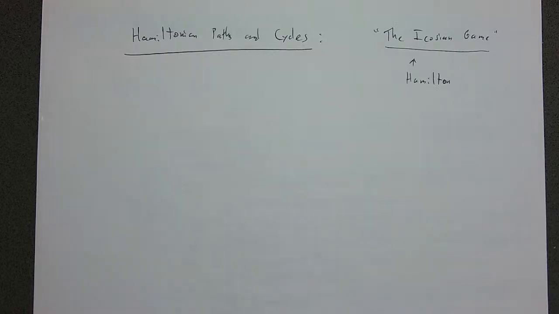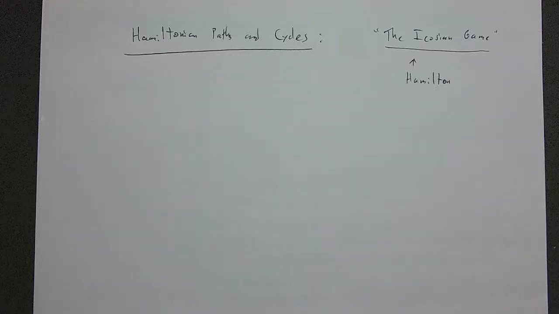William Rowan Hamilton was very famous for a number of things. You might have heard of the quaternions, Hamiltonians coming from physics. There are too many things I could mention that Hamilton did, but among them was this graph theory question, and that is why he gets his name on this. You'll see how it is related to the Icosian game in a second.